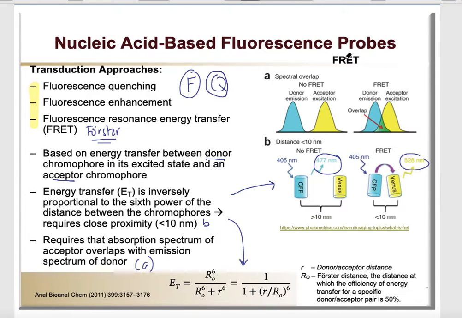So anyways, for part A, what it means is that the emission, the fluorescence spectrum of the donor, needs to overlap with the acceptor excitation or absorption. If there's no overlap, then no FRET is going to occur. While here, if you do have spectral overlap, then the FRET process can take place. Now, I should mention that what you're seeing here, these little humps, is wavelength on the x-axis versus intensity of absorption or fluorescence on the y-axis.